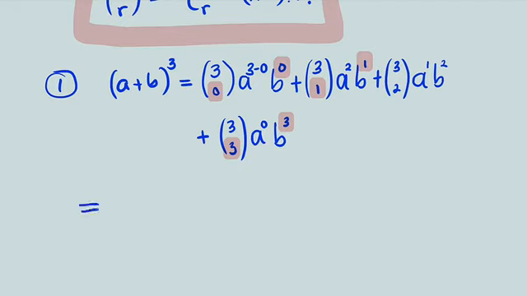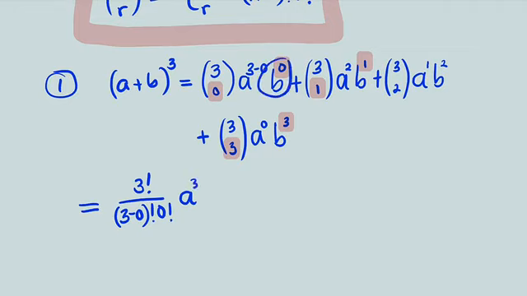This is equal to, 3 combination 0 will be 3 factorial divided by 3 minus 0 factorial, then 0 factorial. Then we have a raised to the power of 3 minus 0, which is the same thing as a raised to the power of 3.